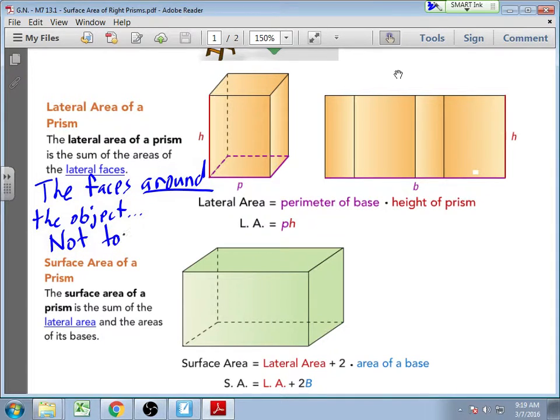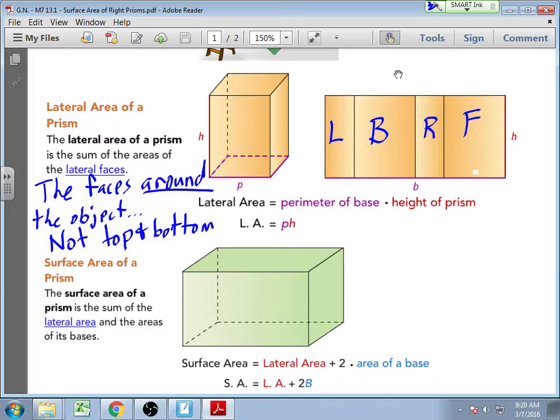Top and bottom? Notice that the picture here for the lateral area, they're not including that bottom square and they're not including that top square. They just have the left, right, front, and back. So over here on your image, label left, back, right, and front.